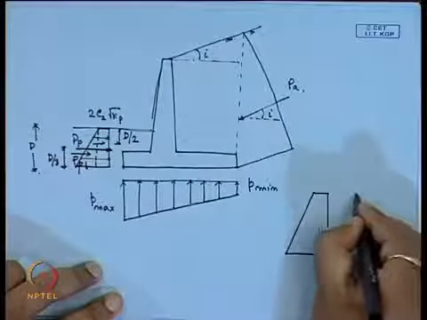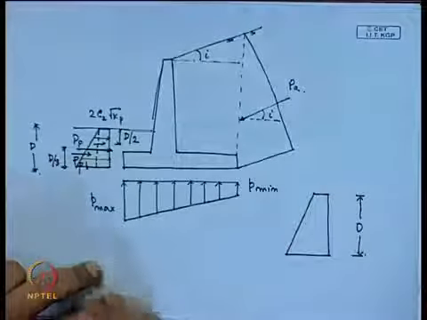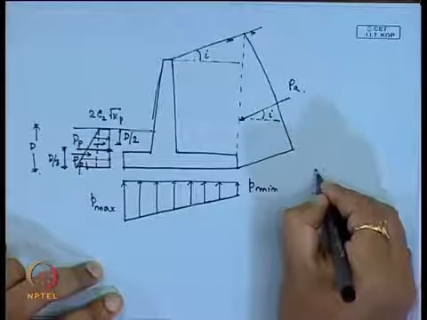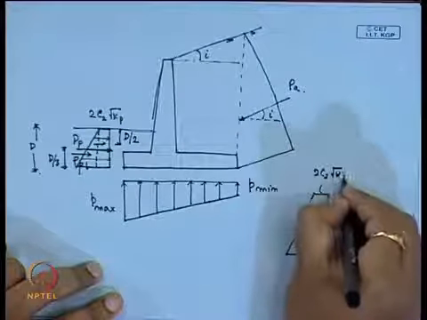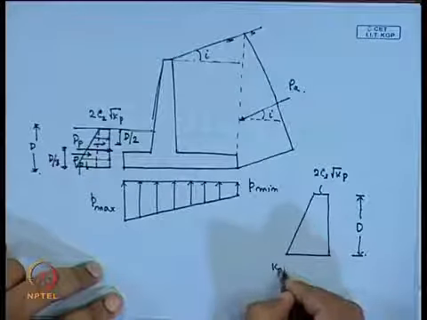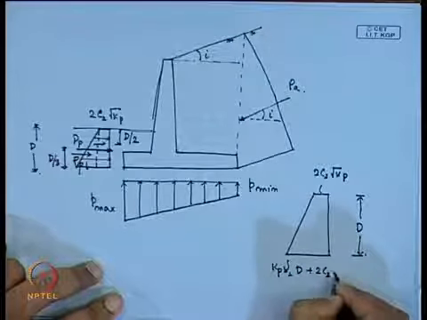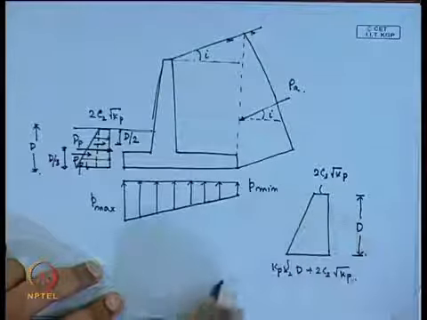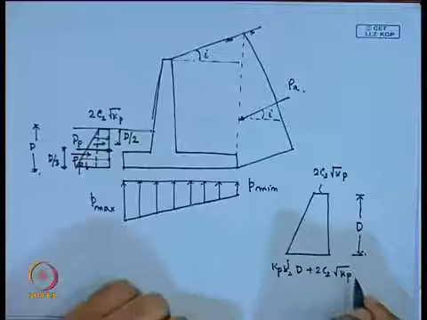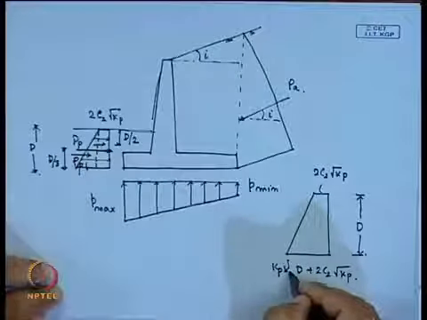This is the depth d of the foundation soil, and then this stress value is 2 C 2 root K P, and this value is K P gamma 2 d plus 2 C 2 root K P, where K P is the coefficient of passive earth pressure and gamma 2 is the unit weight of the base soil.